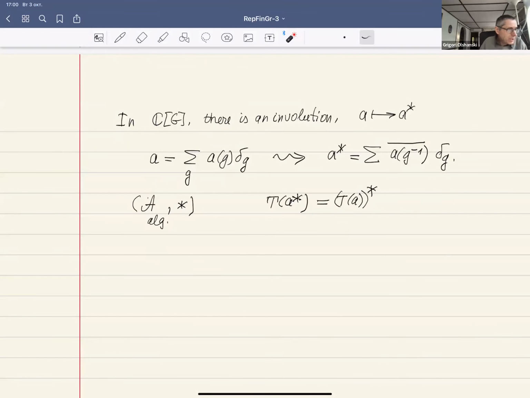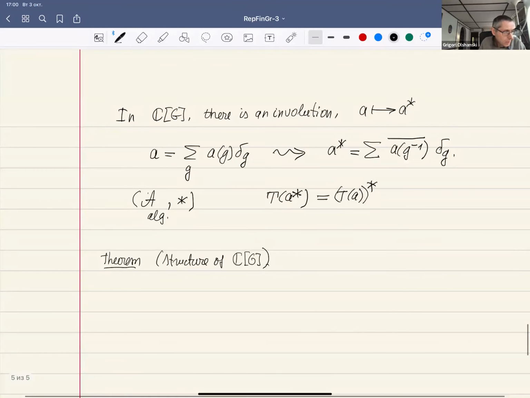The next result is a very important and fundamental result, which says the following. This is the result about the structure of the group algebra as an algebra. So in words, this algebra is a direct sum of matrix algebras.